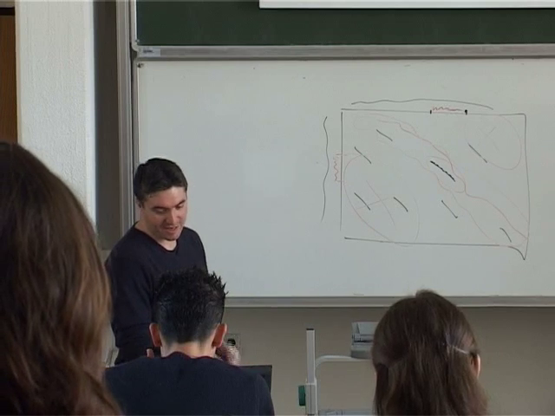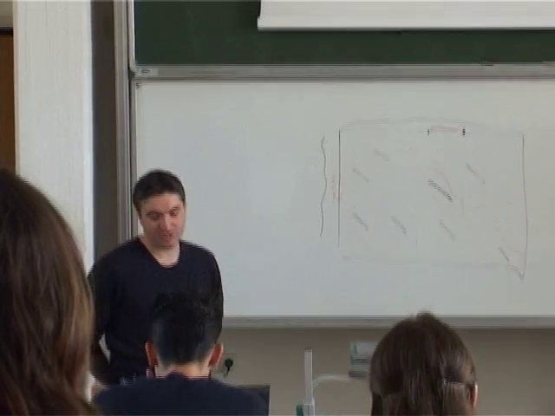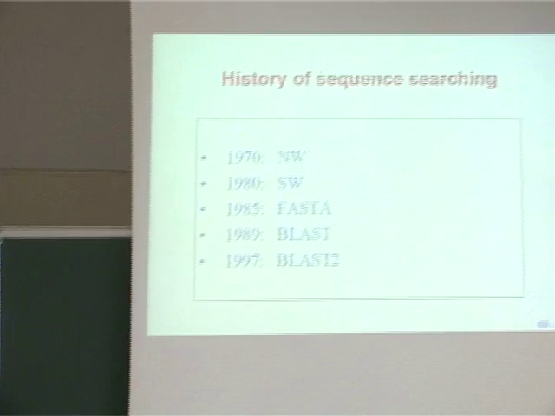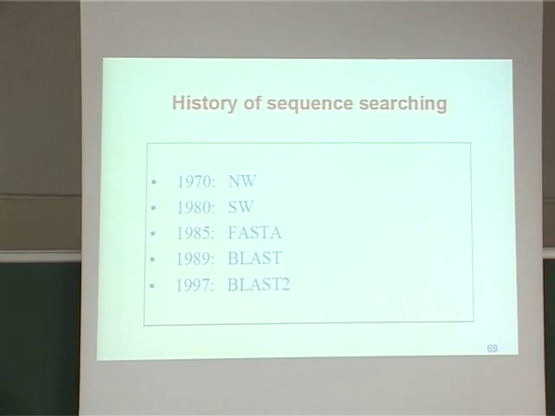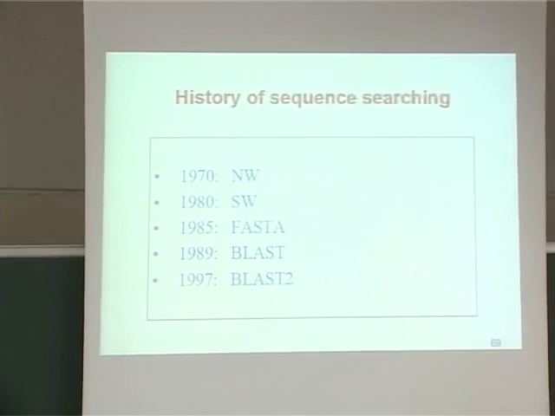And here is the history of sequence searching. In the 1970s, the first global alignment of sequences. It took 10 years to add 0 to the recurrence relation for local sequence alignment, the Smith-Waterman case.